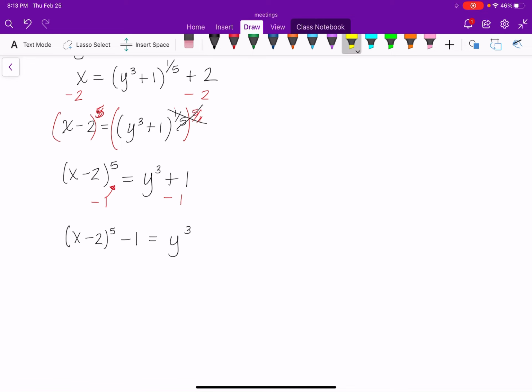So now we want to get rid of this power of 3 on the y. So the opposite of a power is always the root. So the root of whatever the power is, since this is a cube or a 3rd root, then the opposite is a cube root or a 3rd root, however you want to say that.